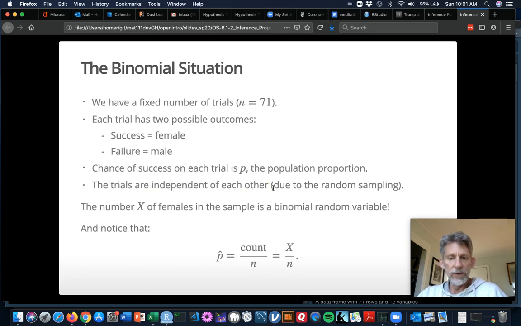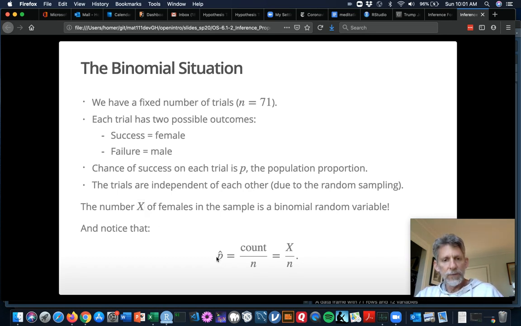So when we learn one person turns out to be female, it doesn't affect our estimate of the chances of the next person being female. So those four things are the four conditions for being in the binomial situation. And so that means the count of females in the sample is a binomial random variable.